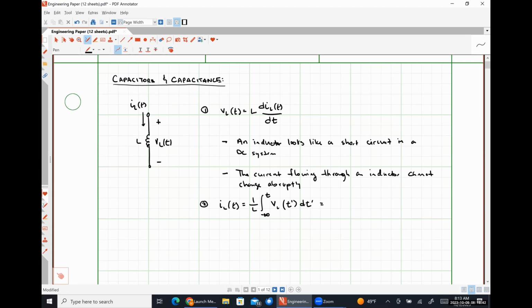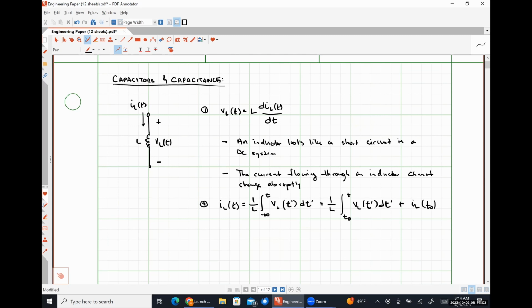And this can be expressed as the integral from some time t naught to t of VL of t prime dt prime plus IL at t naught.